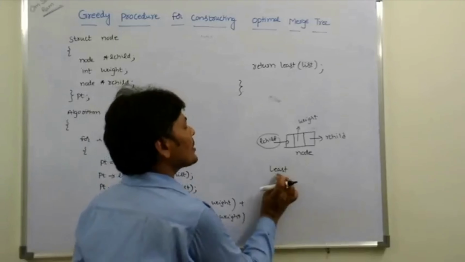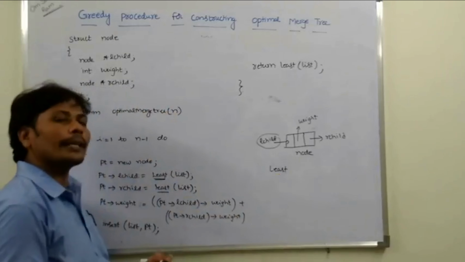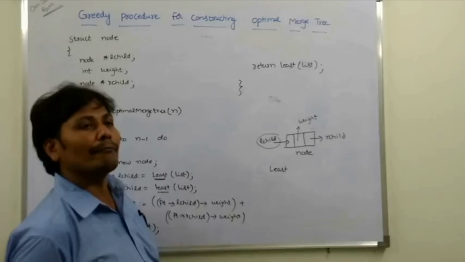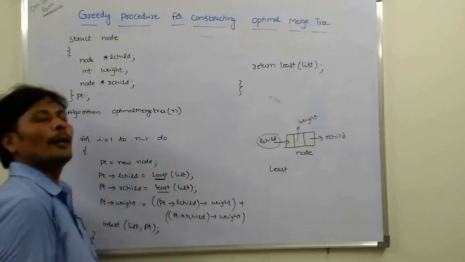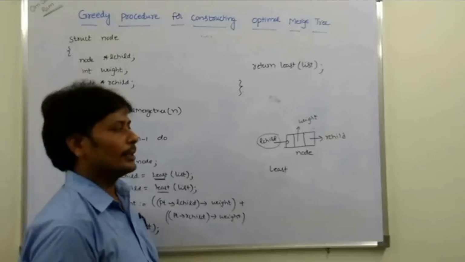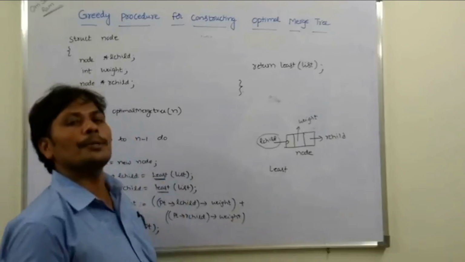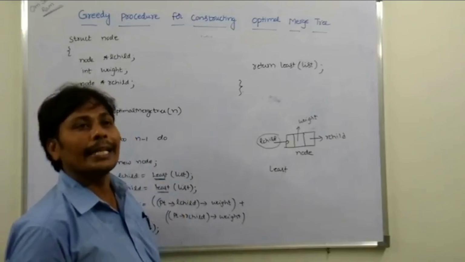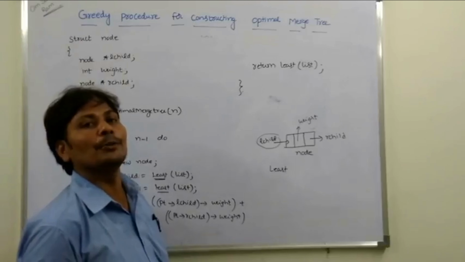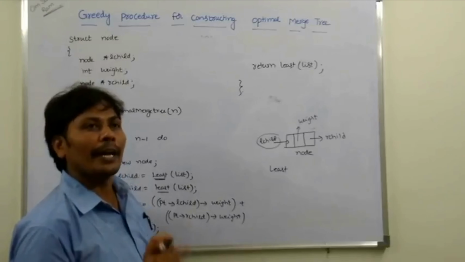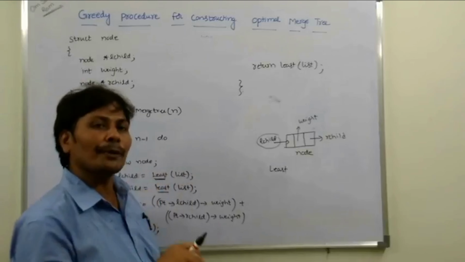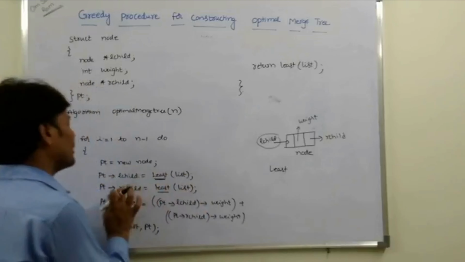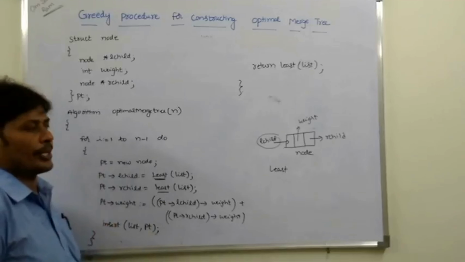The first list function is used for selecting the first minimum value from the list that is assigned to pt arrow mark left child. The second list function is used to select the second minimum value from the list. After finding the second minimum value, it is removed from the list and assigned to pt arrow r child.